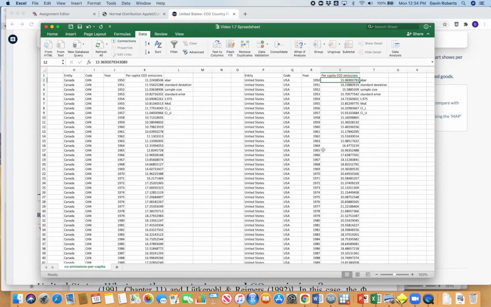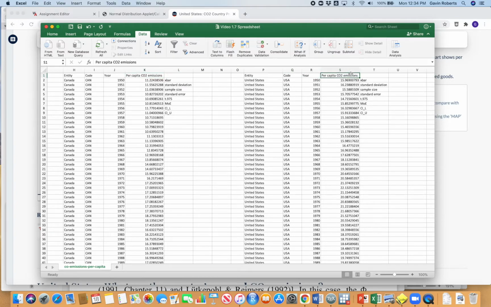The reason it makes sense to do per capita, which is dividing by person, is that it wouldn't make sense to compare CO2 emissions in China and Rhode Island, for example, because there's going to be a massive difference just based on population. So I want to implicitly control for that effect of a bigger population by dividing by it.